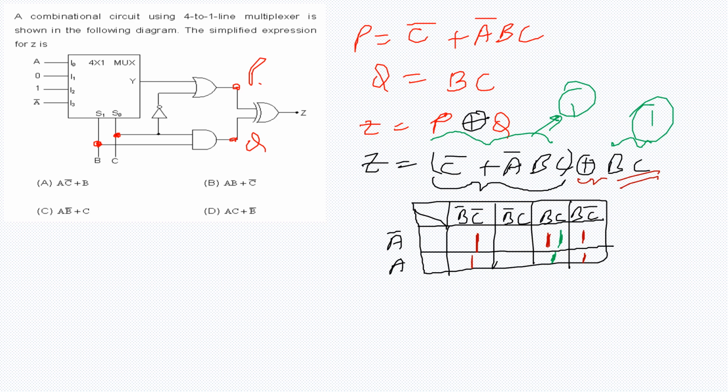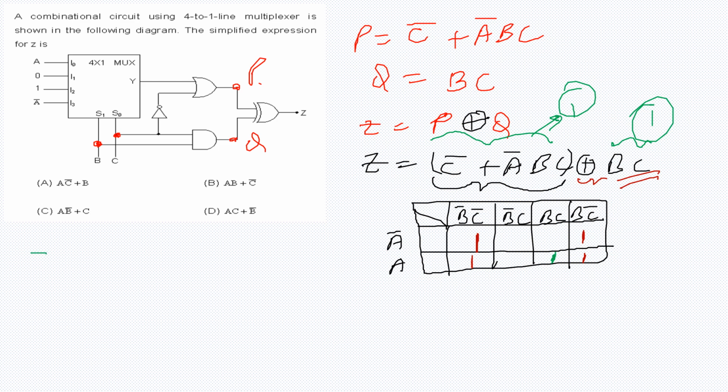So that will happen as long as this expression does not occur. So this should not be part of our K-map, so we remove it. This is the part of the K-map to be simplified.